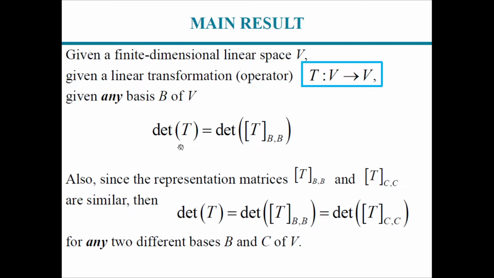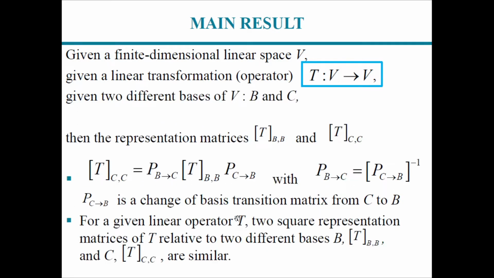Obviously the eigenvalues too. We will say the same thing. So if I change a basis, obviously I'm going to get a different representation matrix. But the good news is that the determinant is the same, and we see why.